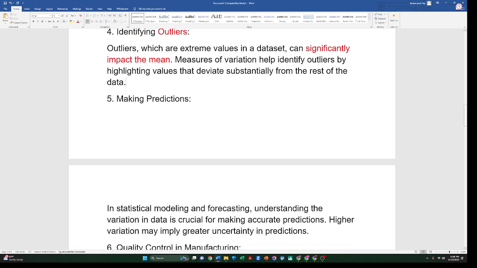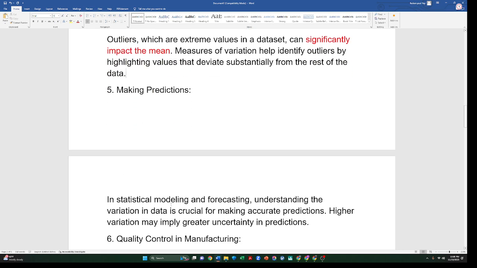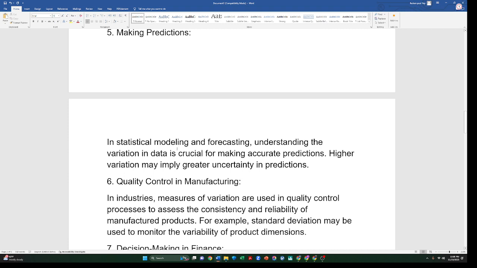Okay? Number 5 is making predictions. In statistical modeling and forecasting, understanding the variation in the data is crucial for making accurate predictions.